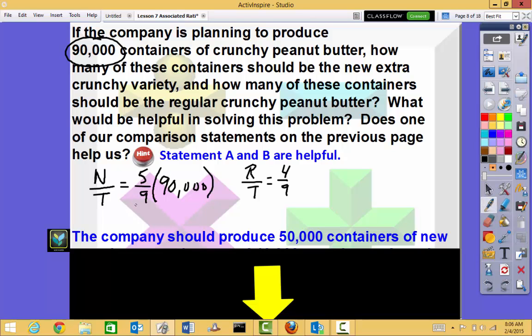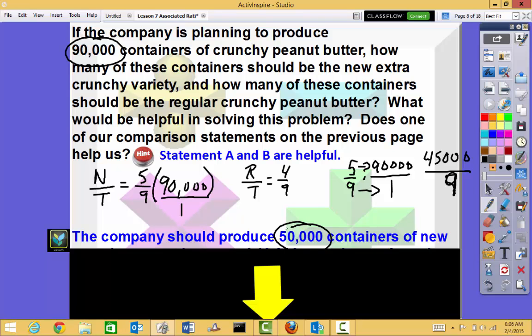Well, if I remember how I multiply fractions, I write the fraction, I put my whole number over 1, and then I just multiply straight across. So this will be 450,000 over 9 times 1. And then I divide, and I find out I get 50,000.